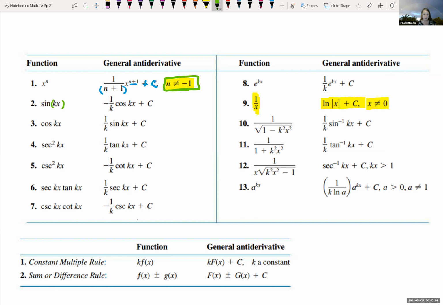And in that chain rule, we would take the derivative of the inside, and that derivative of the inside would have this k come out front. And we want a coefficient of 1 here, so we compensate for that by, when we're doing the antiderivative, we divide by this.